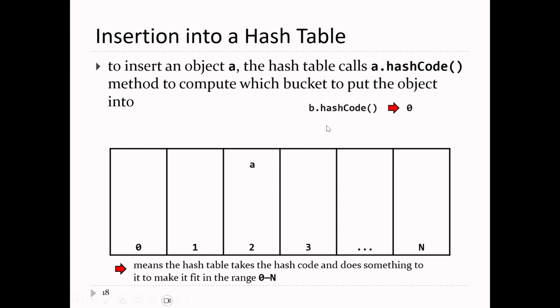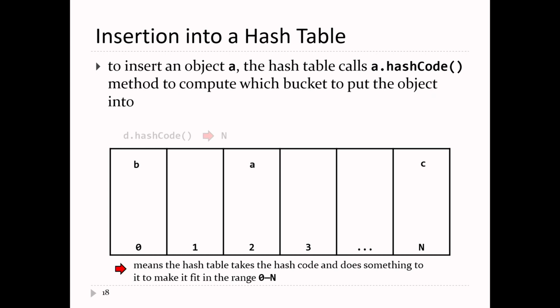If you insert another object into the hash table, it calls hashCode on that object, which returns some integer value. The hash table takes that value, maps it to the number 0 in this case, so it puts B in bucket 0. For C, the hashCode for C gets mapped to n, so that gets put into bucket n.